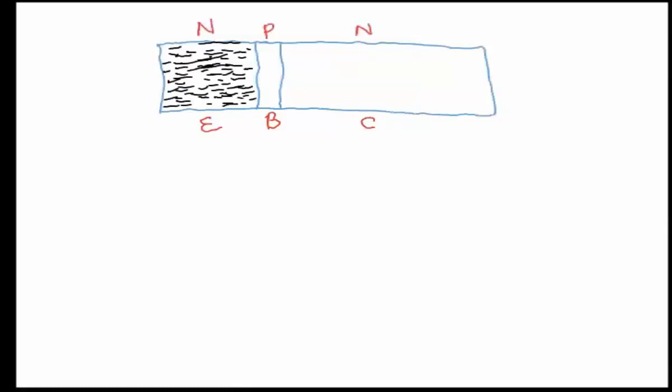Remember, what is the purpose of the emitter? The emitter is designed to emit the electrons. So it's basically a source of electrons. Whereas the collector is also N-type, meaning the collector also has electrons, but the collector region is usually moderately doped. So the doping concentration for the emitter is heavily doped.